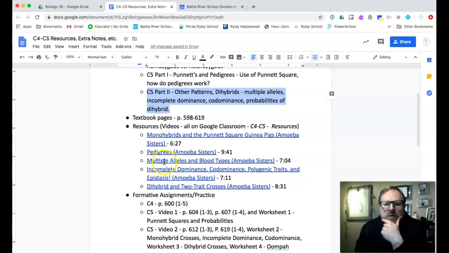We'll start out with this one on multiple alleles, and then incomplete dominance, codominance, polygenic traits, and epistasis. These last two concepts we'll talk about at another point, so don't stress about them too much. And then we'll talk about dihybrid and two trait crosses.